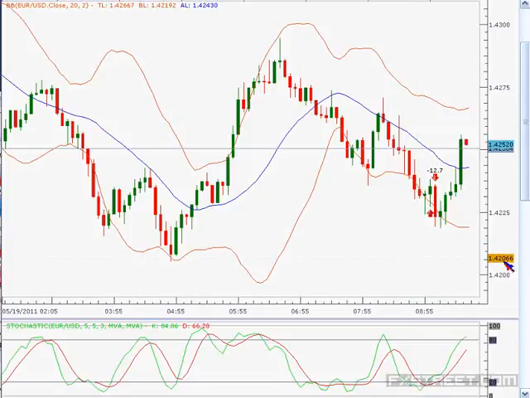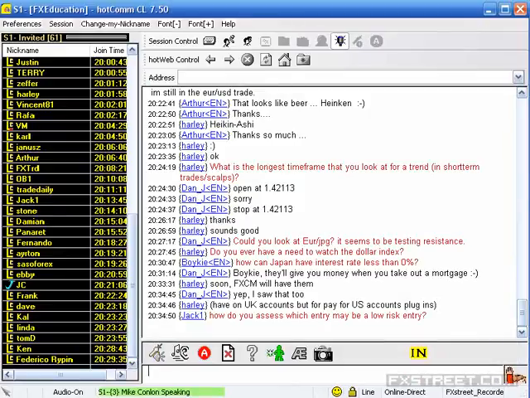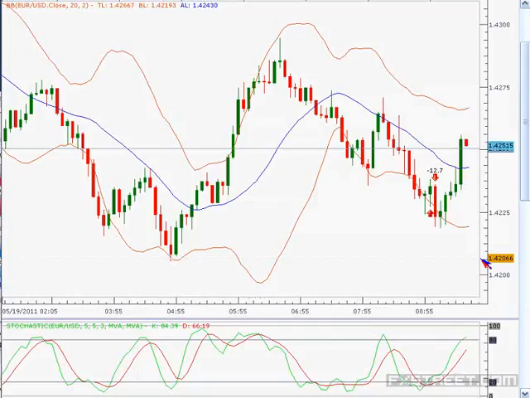So, how do I assess which entry may be a low-risk entry? That is a good question, Jack. One of the things that I look at goes like this. Basically, I'm a price action trader, so what I'm typically looking at is support and resistance. That's the first thing.